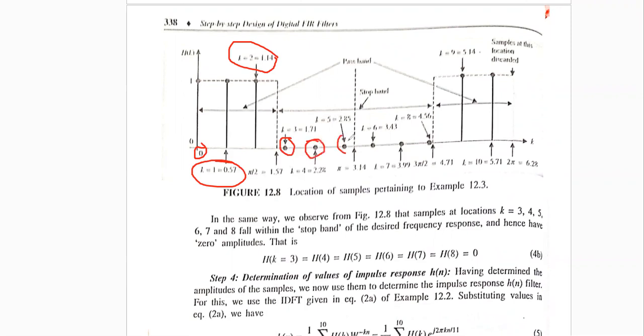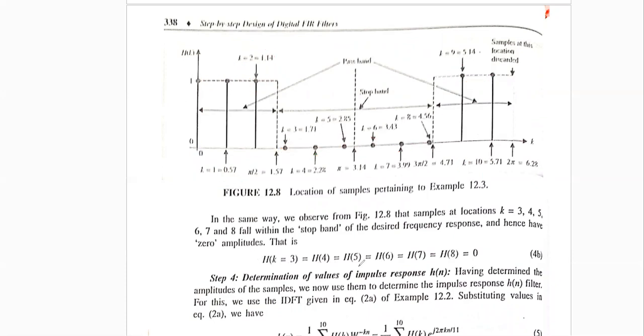This is 0, this is 0, this is 0, and this is also 0. And this is 1, and this is 1. So this is H8 and H9. H10 belongs to the next cycle. This is H0, this is H1, and this is H2. H0, H1, H2 is equal to H8, H9, as we mentioned.